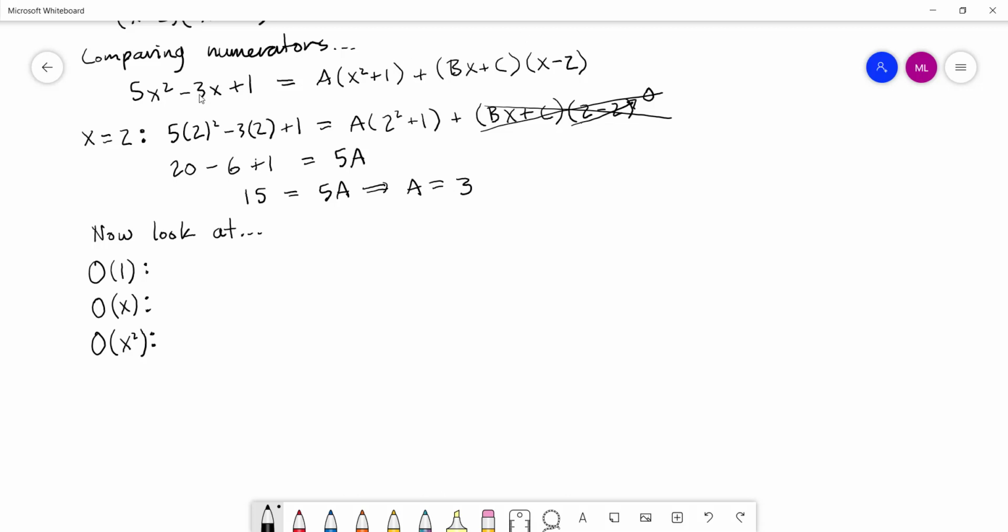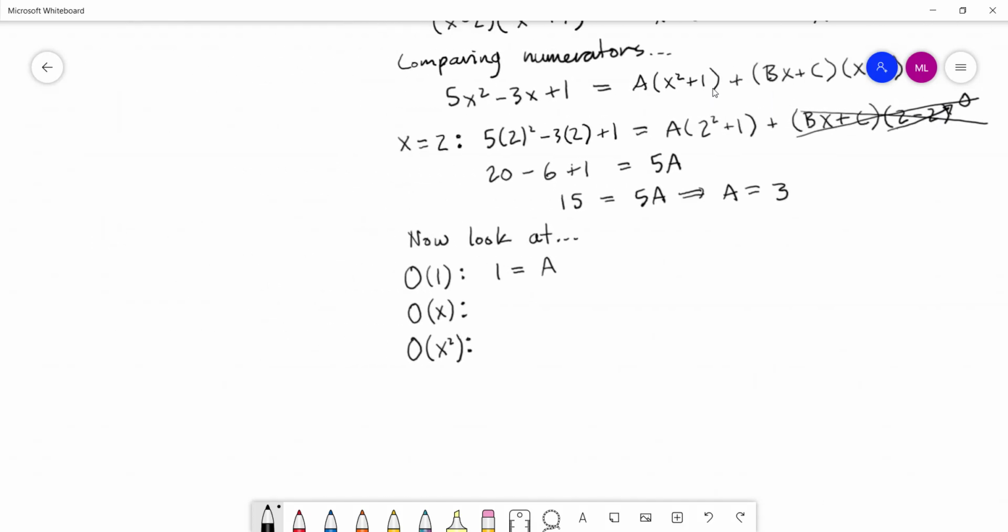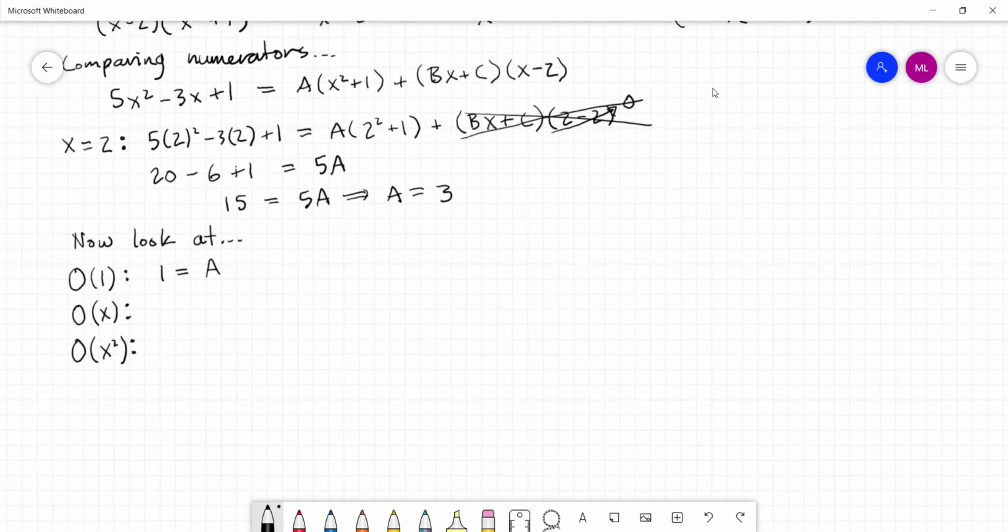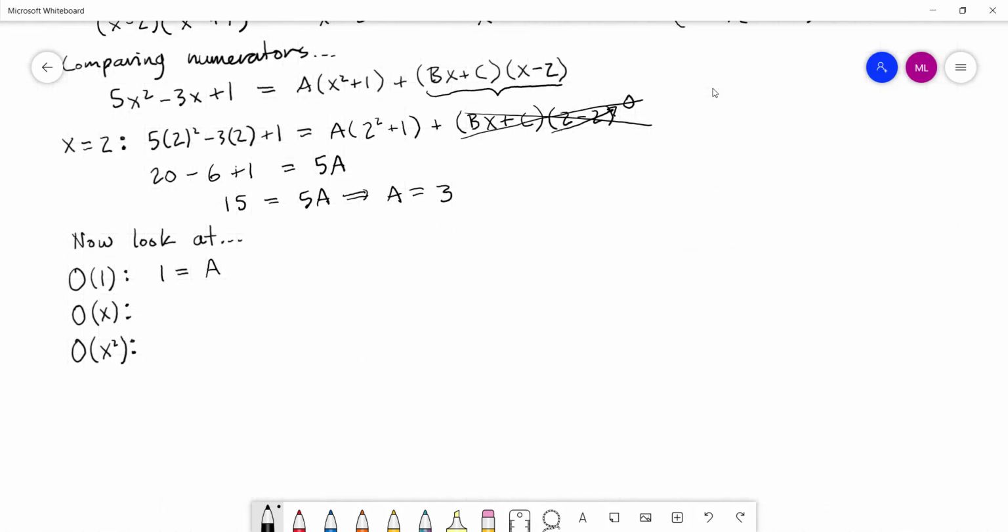So the order 1 terms, when I look at this, I'm just looking at the constants. And on the left, the constant is 1. And on the right, I will have a times 1, so I'll have a, which we will plug in in just a moment, as being 3. And over here, if I FOIL this piece out, we'll get bx squared.